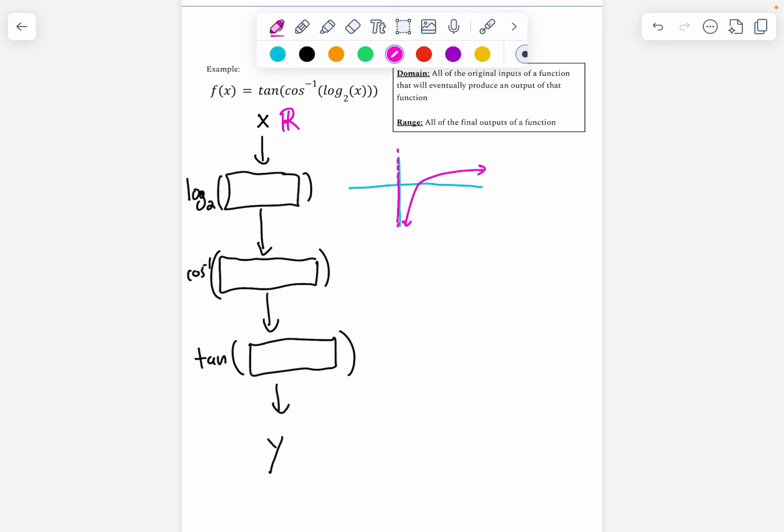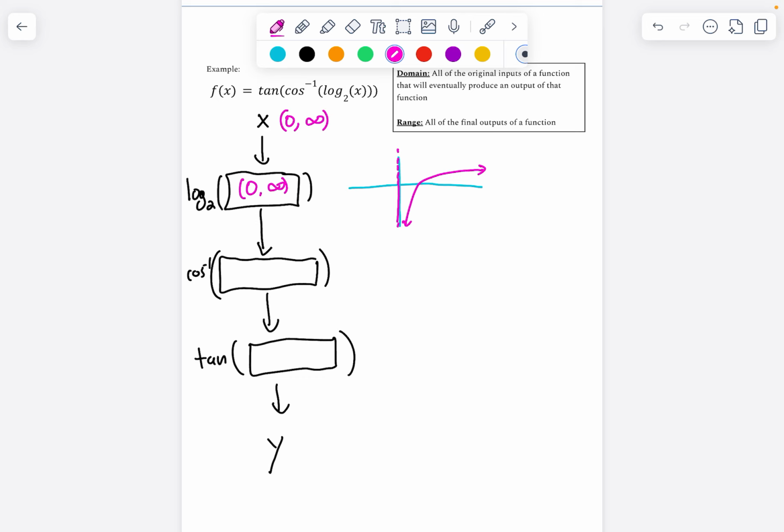And so if I try to put all real numbers into the log function, that doesn't work. I can only actually put in positive values. So 0 to infinity, and 0 is not included. We cannot take log of 0. So this all real numbers we started with, nope, we can only actually put in positive numbers.